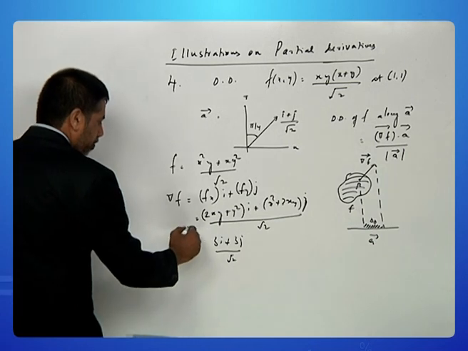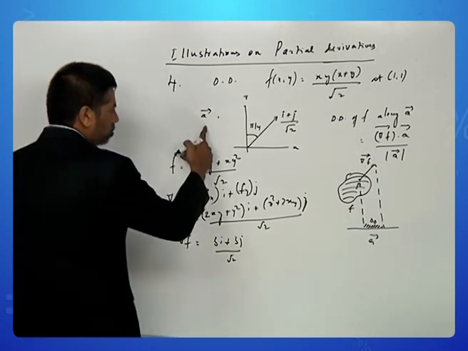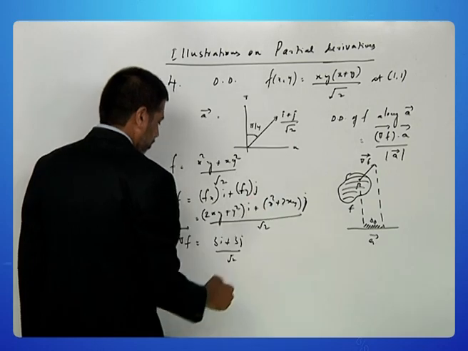Now already the vector A is known, and you can see it's already a unit vector.